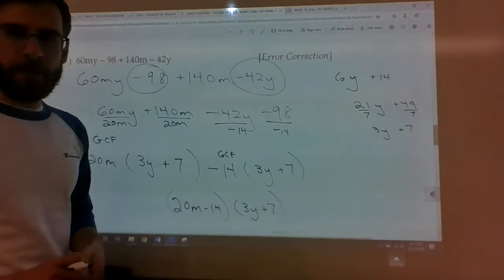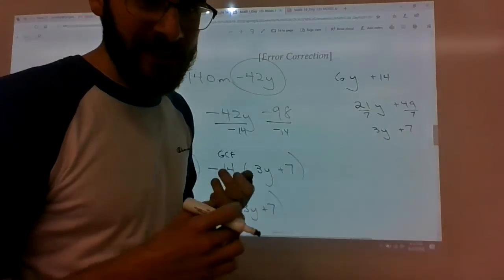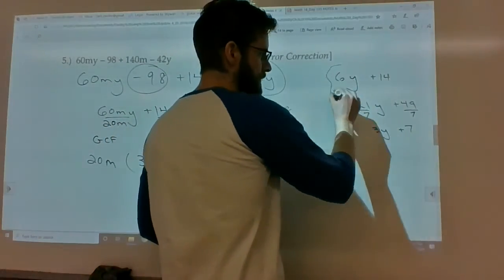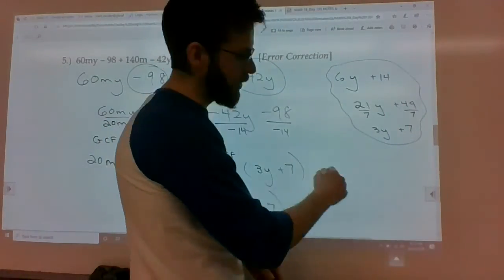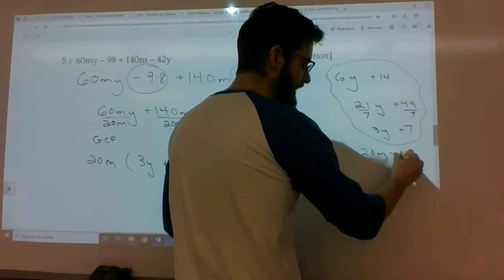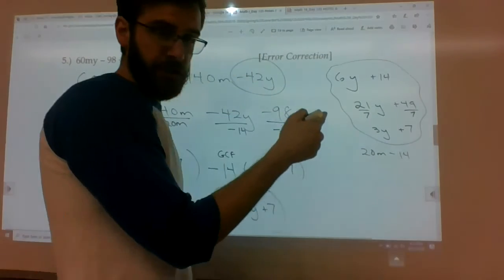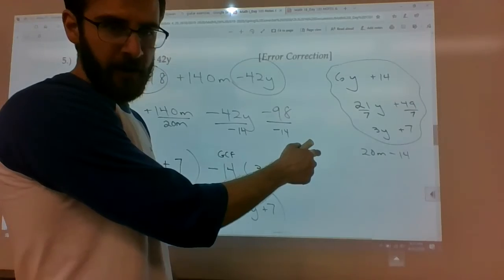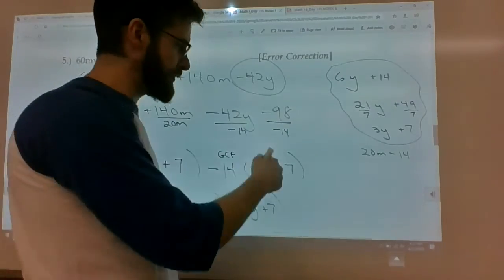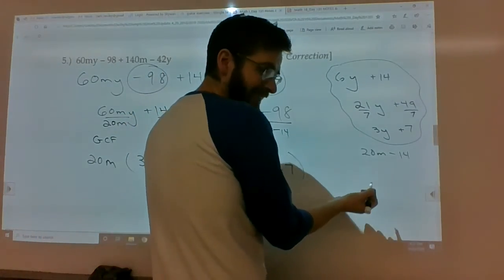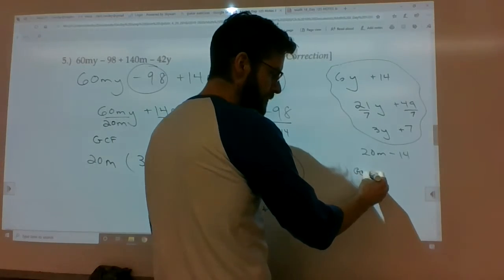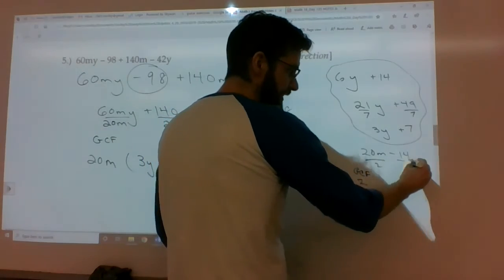So, when you think about 20m minus 14, this is just scratch work over here. If I were told to just straight up factor that polynomial there, the GCF would go on the outside, which in this case I think is 2, which means we divide both of these by 2.